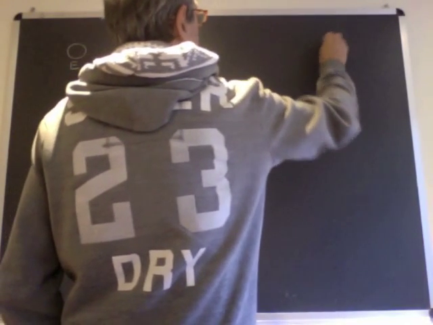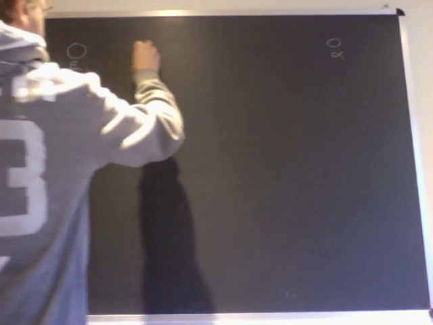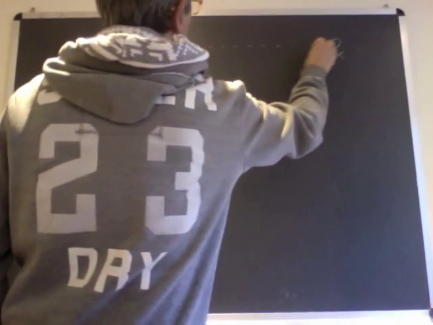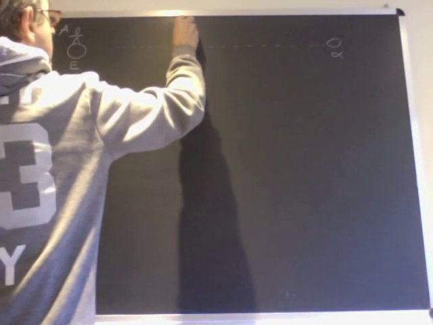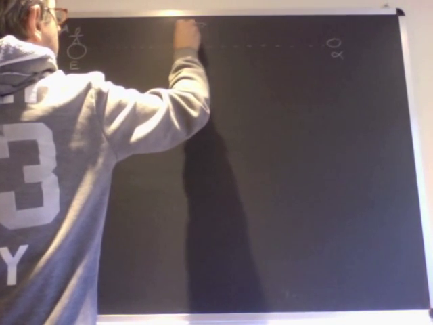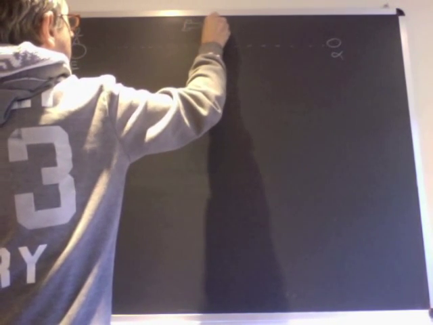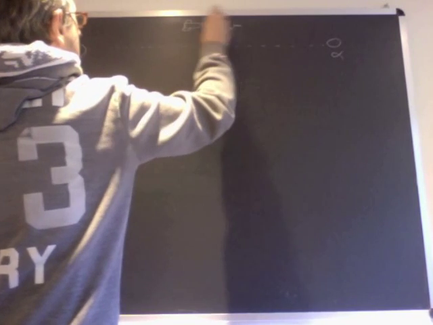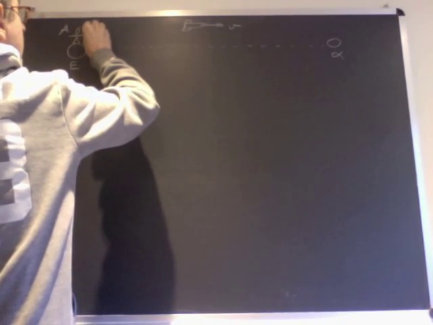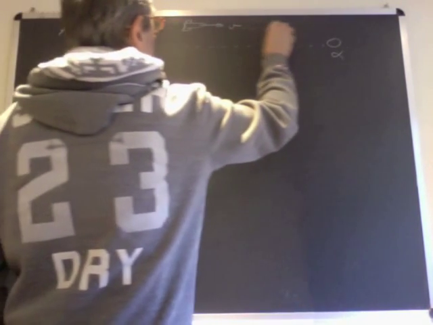This is the Earth. This is Alpha Centauri. Suppose that we have the observer A on the Earth and a spaceship traveling at constant speed v from the Earth to Alpha Centauri.